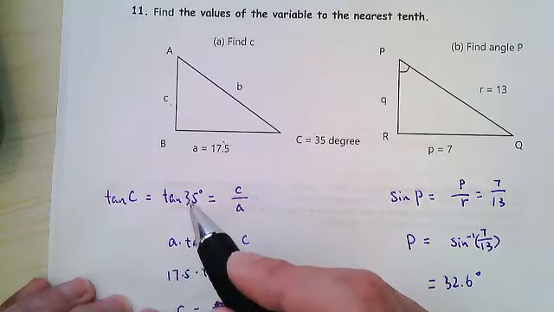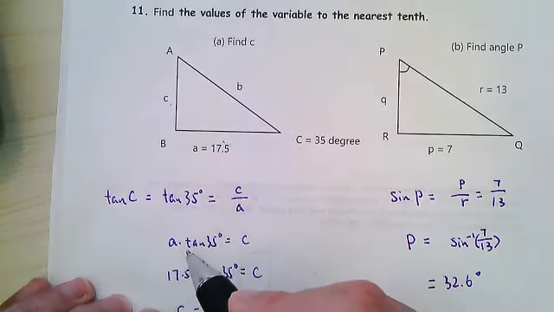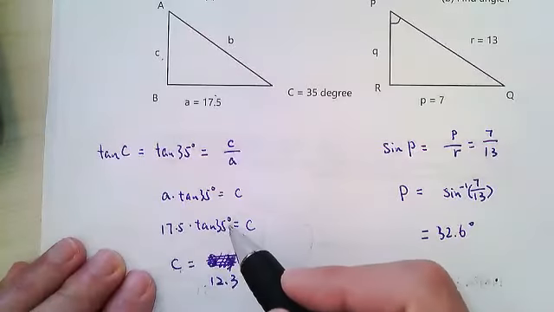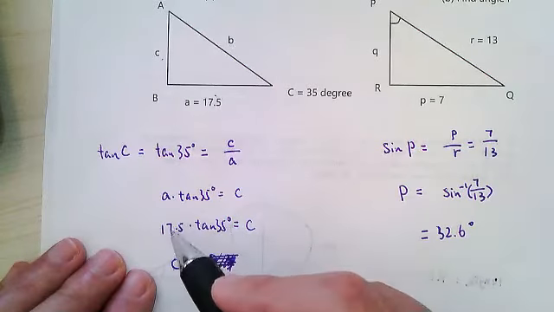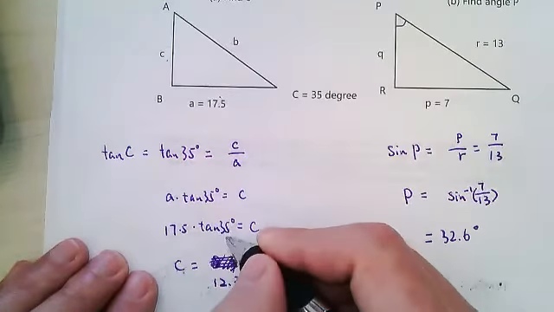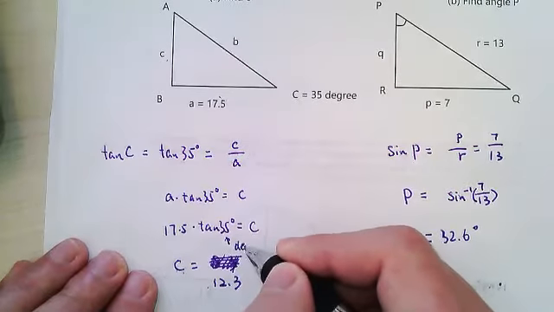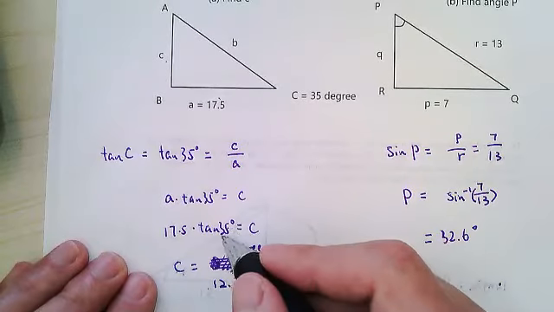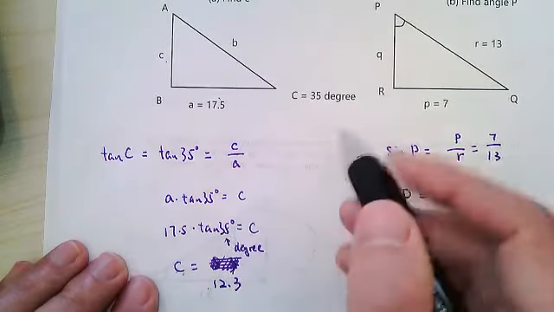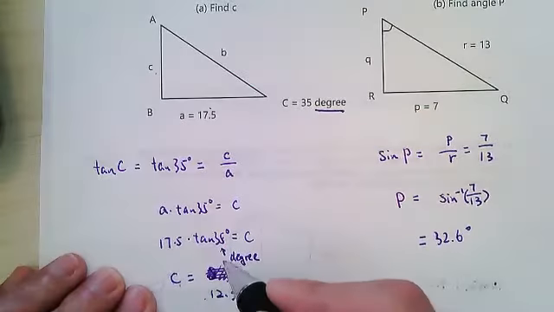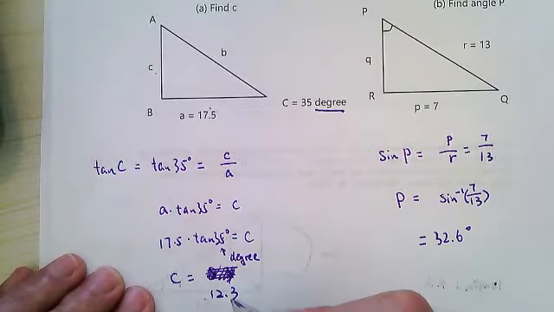If you multiply both sides, it's A times tangent 35 equals C. Just plug those numbers into the calculator. Make sure you're using degree mode, okay? Sometimes people make a mistake using radians. In this case, we already specify it is degrees, so make sure you use degree mode. And you get 12.3.